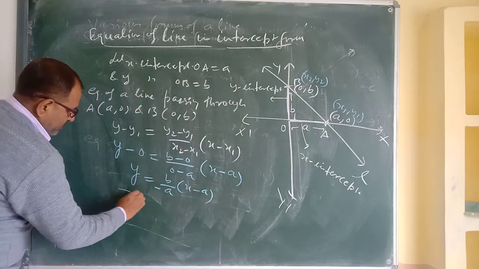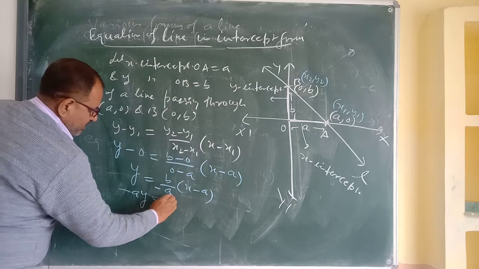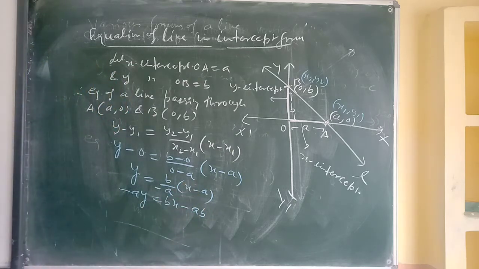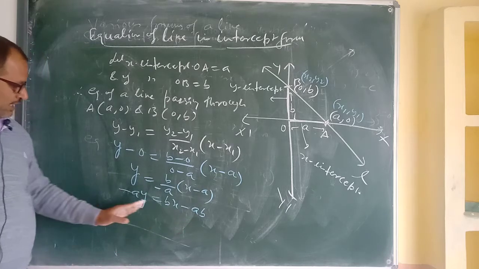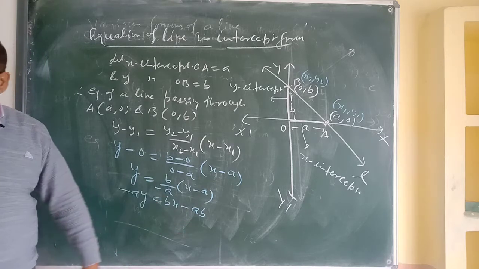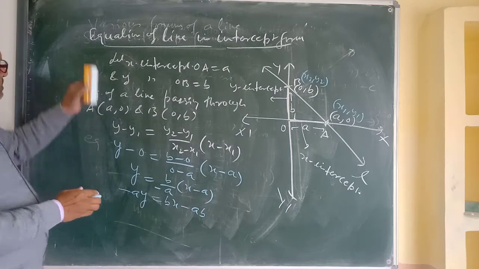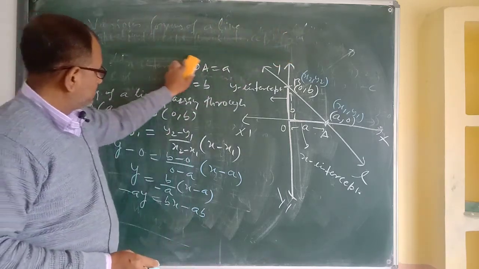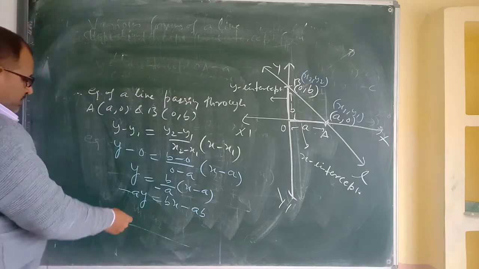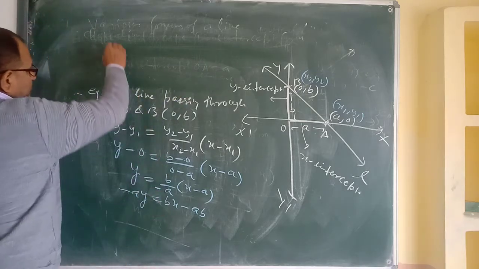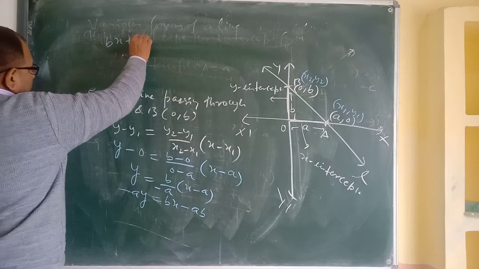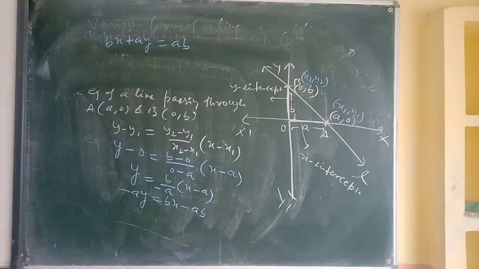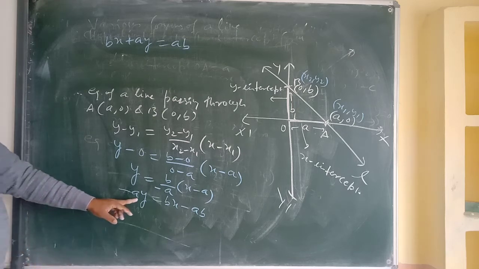Cross multiply, so it is minus ay is equal to bx minus ab. Transpose ab to the left side and ay to the right side. So it will be bx plus ay is equal to ab.